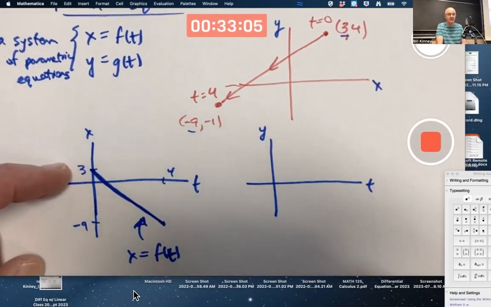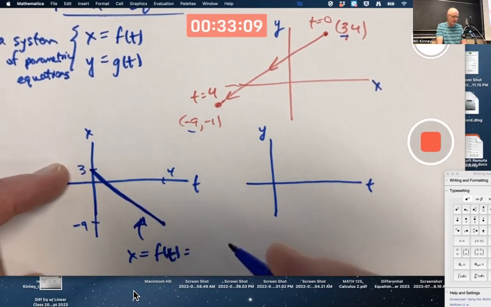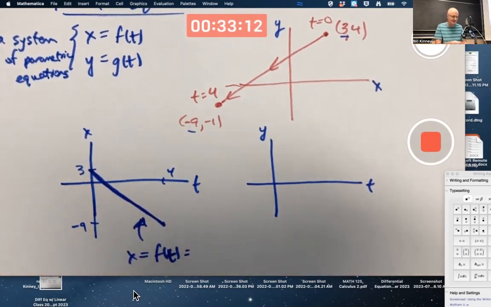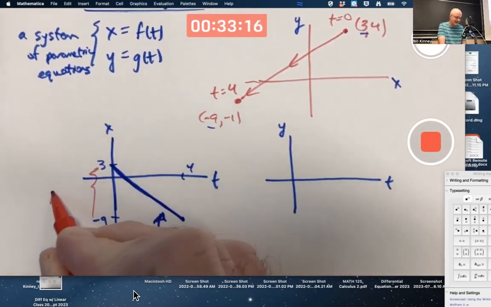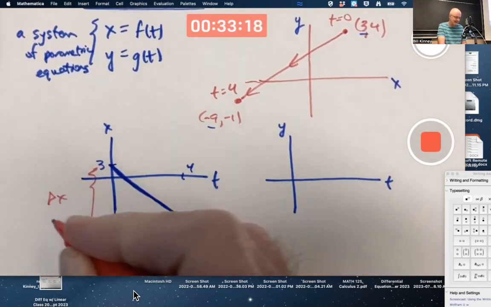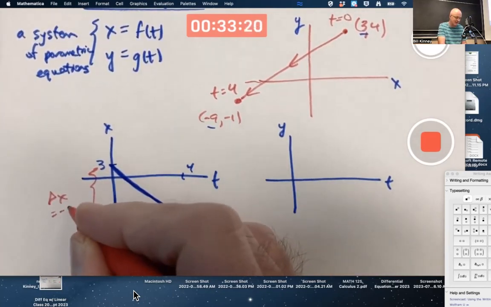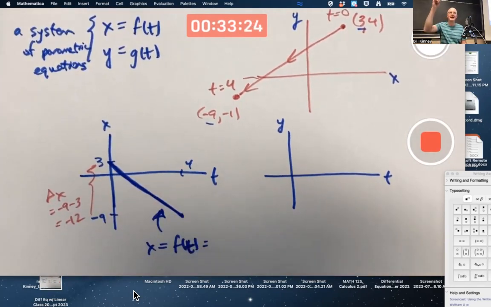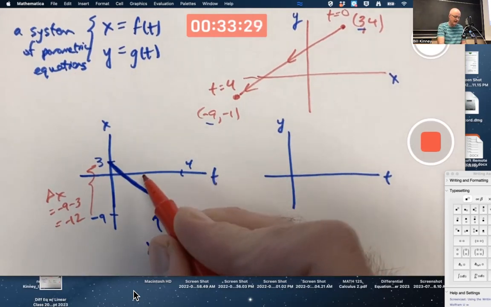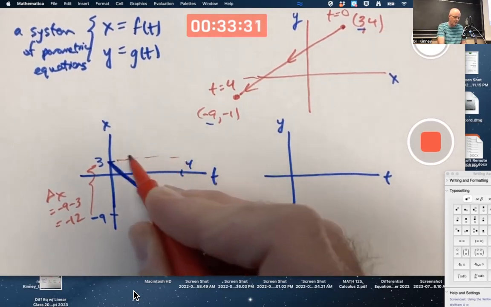The intercept's easy. That's 3, vertical intercept. What about the slope? Rise over run. Well, the rise is negative. Delta x is -9 minus 3 is -12, indicating x has decreased. And the run is, well, 4.